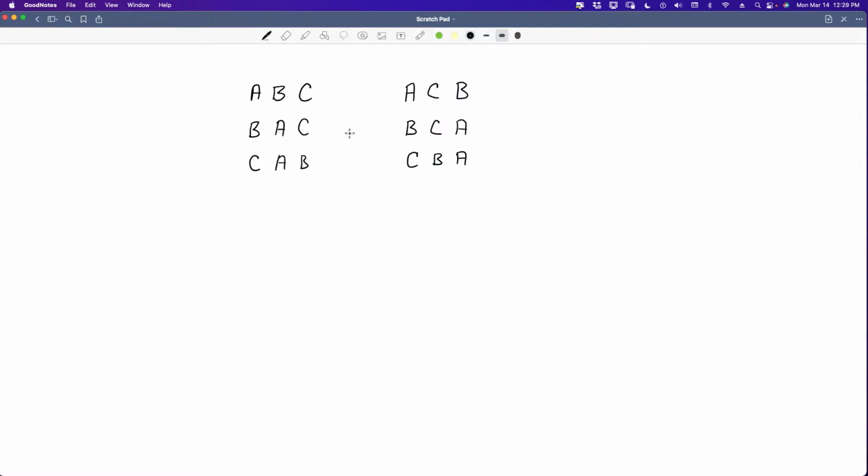You see there's 1, 2, 3, 4, 5, 6 possible arrangements.